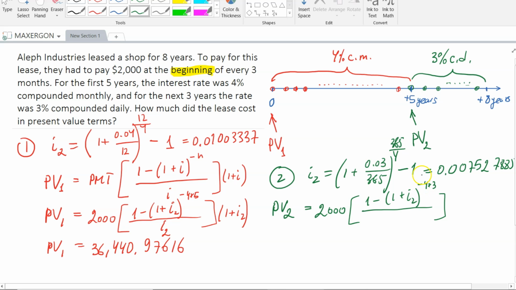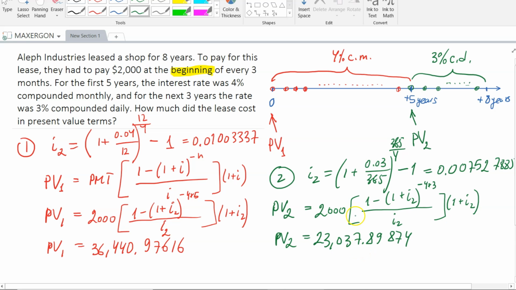And minus here, of course, is because we're dealing with present value. Divide by I2, and because this annuity is a due annuity, we'll multiply by the term 1 plus I2. Present value 2 is equal to $23,037.89874. We'll keep this in the calculator memory with all decimals because we haven't finalized this solution yet.